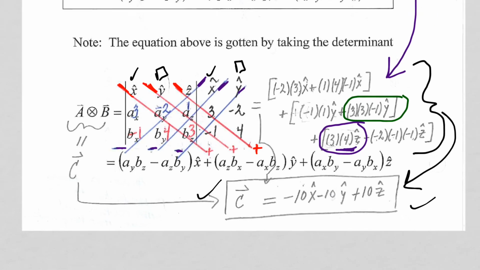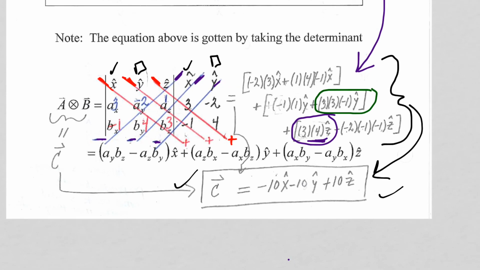So what we are going to do is take the x's, I will do in blue. So we are going to take negative 2 times 3, which is negative 6, times positive 1, and that gives us a negative 6 x hat.